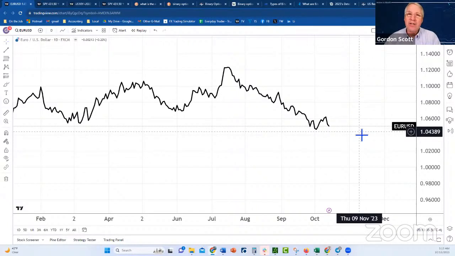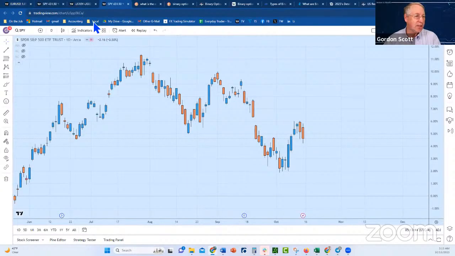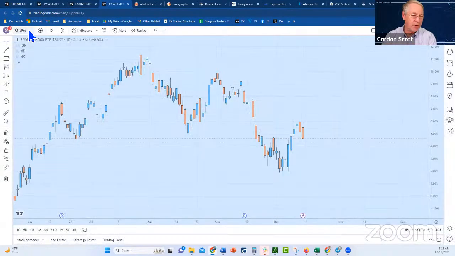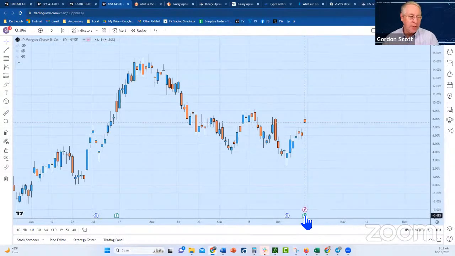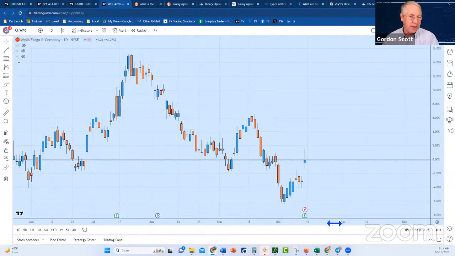Well, earnings season is about to get underway next week for the U.S. And so what you're looking at is the stocks that report earnings first. JP Morgan, this one just released on Friday, right? And then you've got Wells Fargo, and both of them, you can see they jumped up.